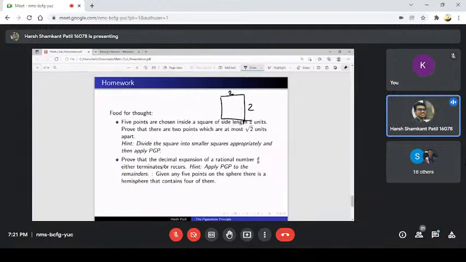The hint is given below: divide the square appropriately into smaller parts so that you can prove this.